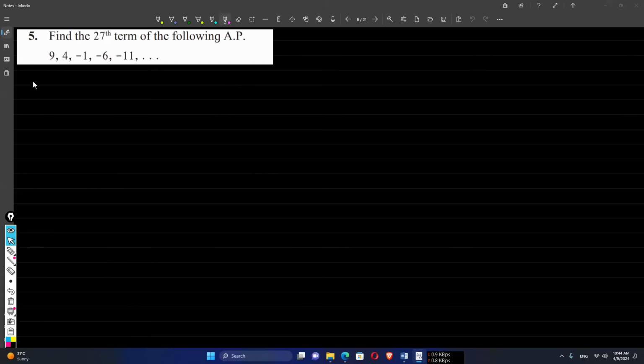The same problem again. 9, 4, minus 1, 6, minus 11, dot dot dot is nothing but the given arithmetic progression. Okay, therefore here A means the first term, which is 9.